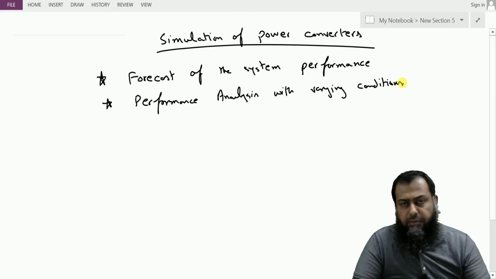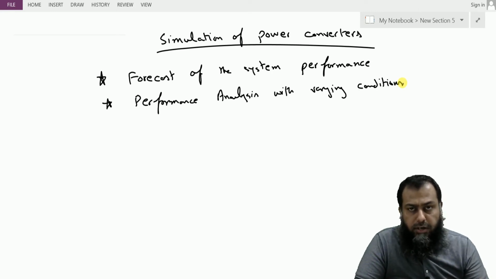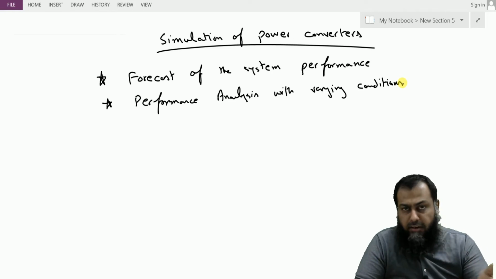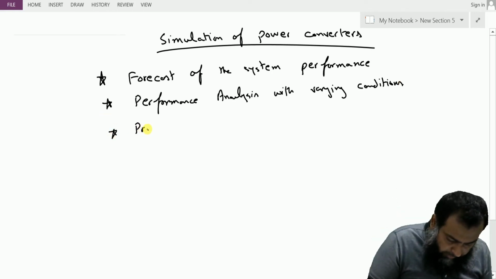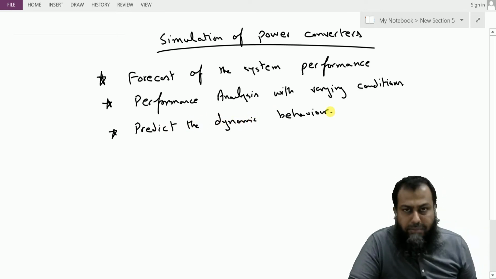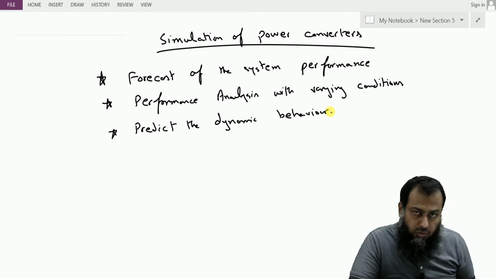That is, we can see what is the impact of varying the load or varying the source and different values of the components, and without developing an actual circuit, we can predict that this circuit will perform in XYZ manner, and also we can predict the dynamic behavior. These are few of the many advantages that simulation provides us. But let us move on to the power electronic circuits.